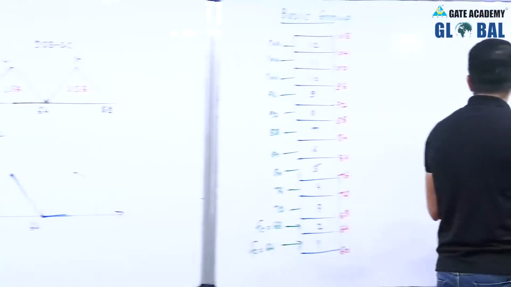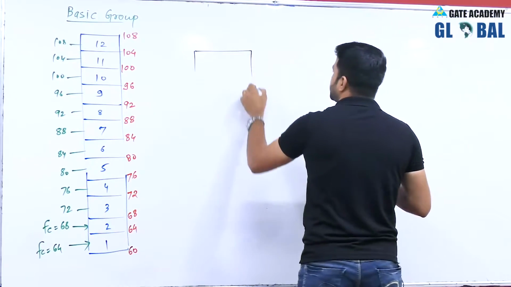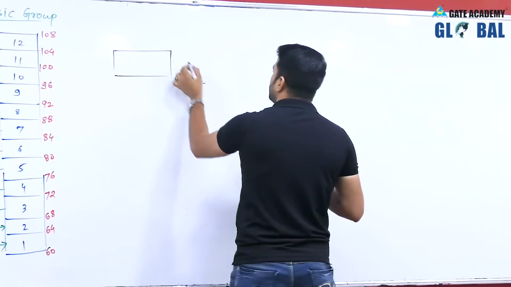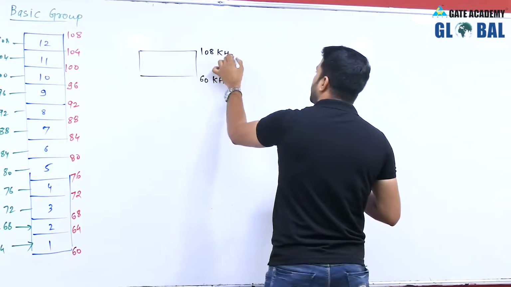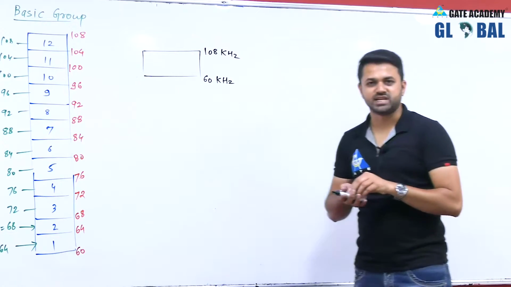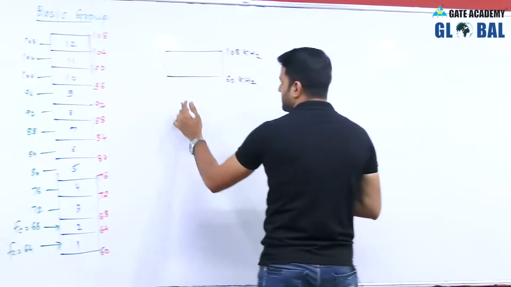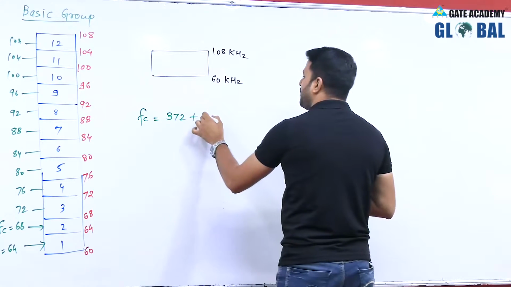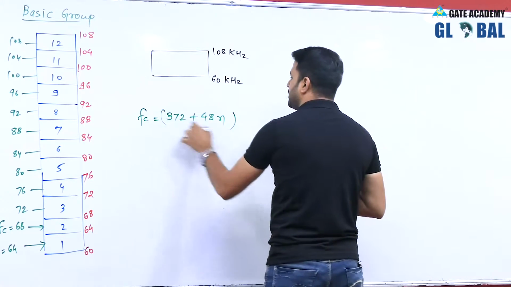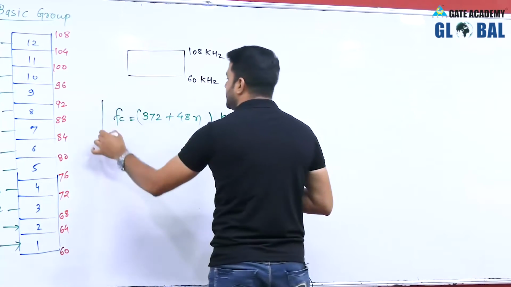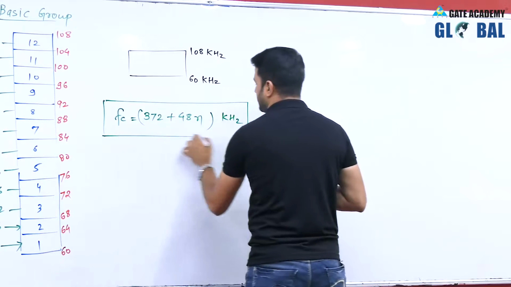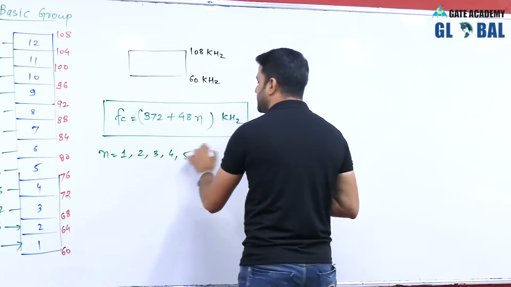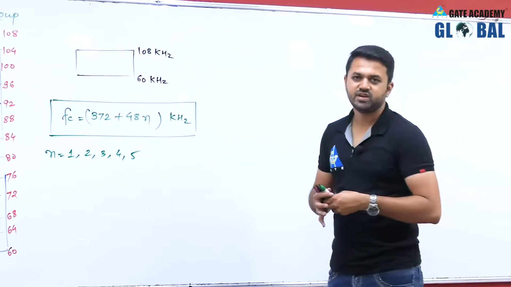So now we have a basic group which is ranging from 60 kilohertz to 108 kilohertz, and this basic group is modulated with carrier frequency 372 plus 48n kilohertz, and here n is 1 to 5, because now I am going to consider only 5 basic groups.